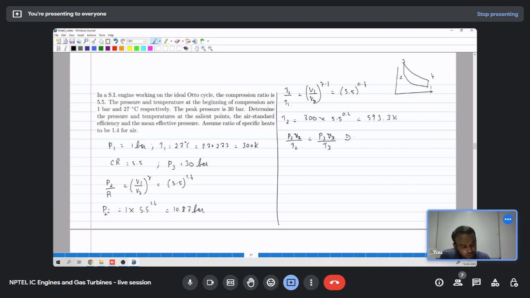We will have T3 as T2 into P3 by P2, which is 593.3 into 30 bar by 10.87 bar. So this becomes 1637.4 Kelvin.